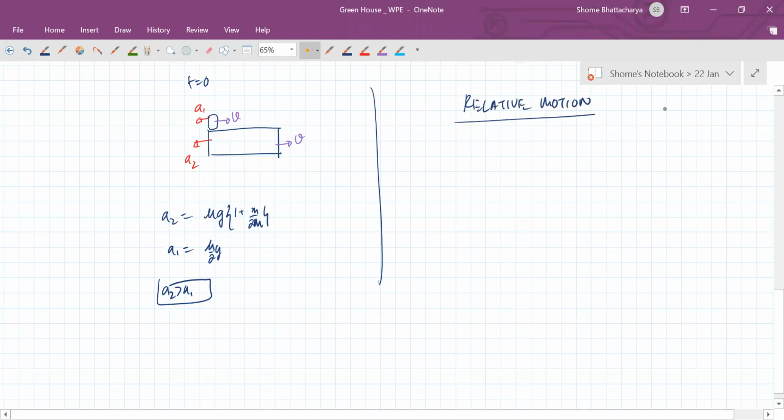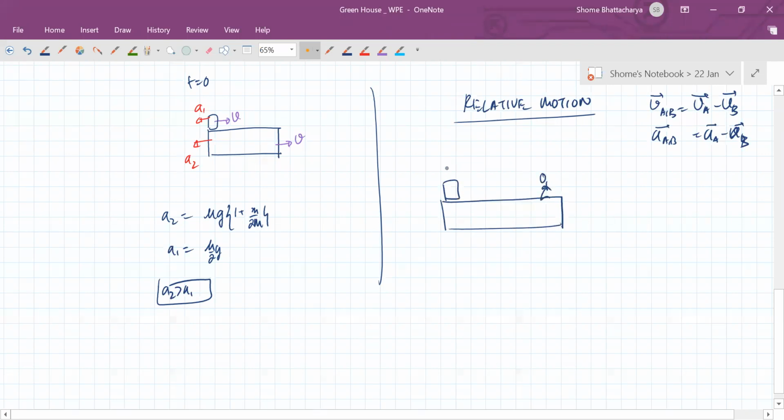So you use these concepts that velocity of A with respect to B is velocity of A minus velocity of B. Acceleration of A with respect to B is acceleration of A minus acceleration of B. Use these concepts. So next what we'll do is we'll get onto the frame of the plank. So in that frame, what is happening?